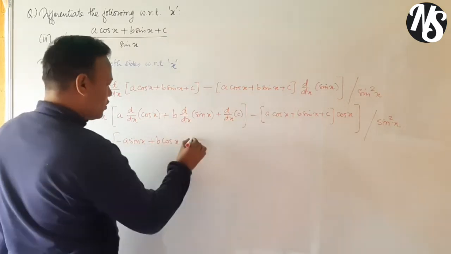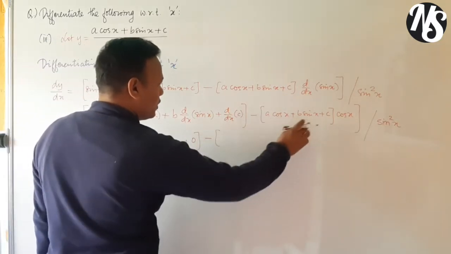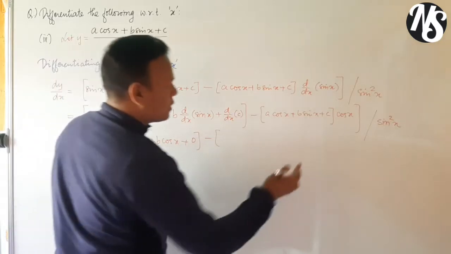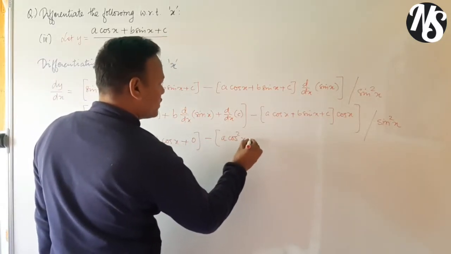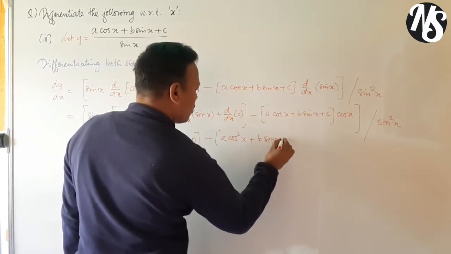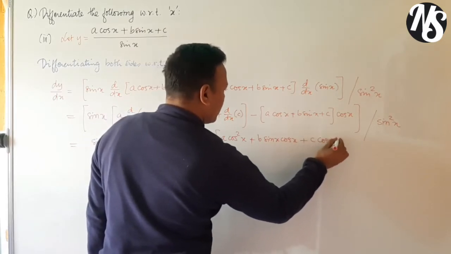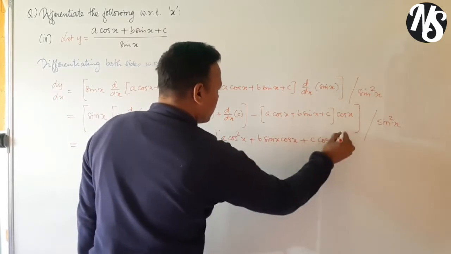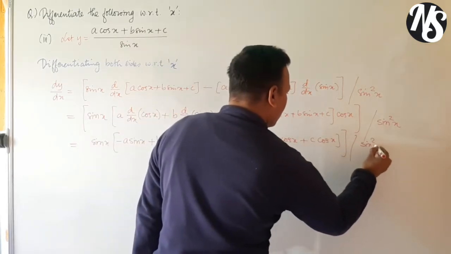C is a constant, so it will be 0, minus, we can in fact multiply here, so this becomes a cos square x plus b sin x cos x plus c cos x, right? So this is my numerator, and we have in the denominator sin square x as well.